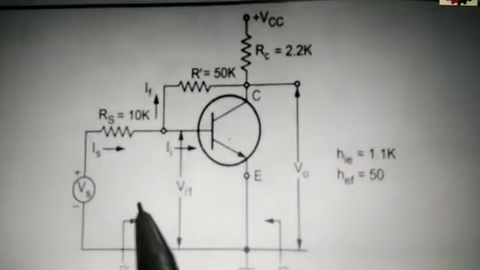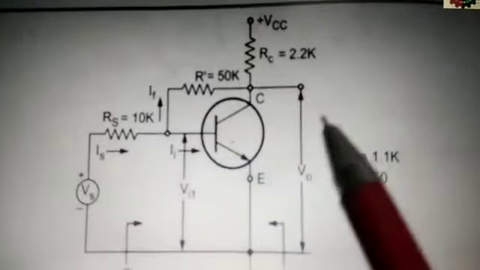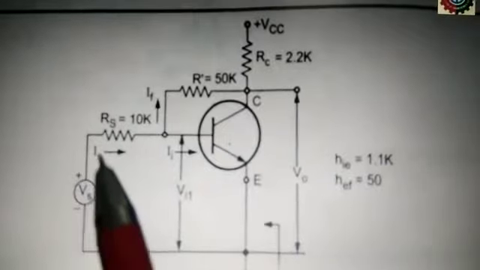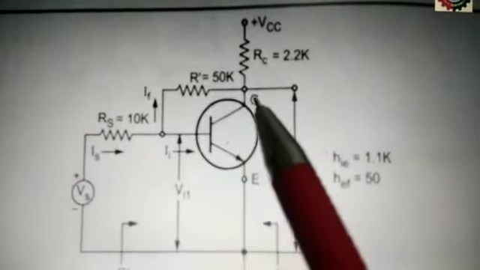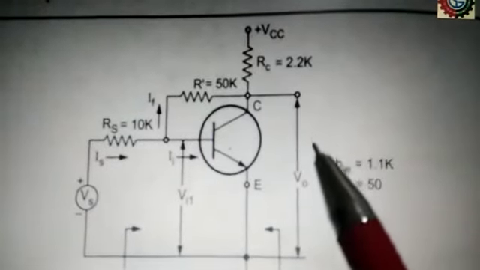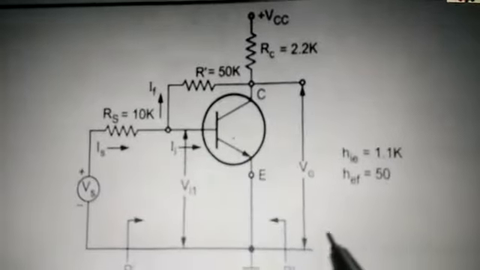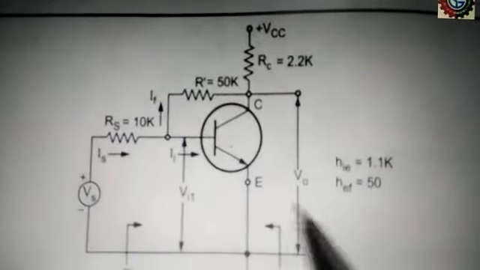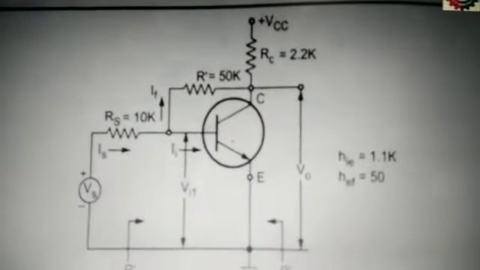So we will get the input equivalent circuit. Now to get the output equivalent circuit, keep the input open. Remove this Vs here and keep it open. So what will happen? This R dash will be in the picture at the output also, RC in series with the R dash. Let us look at the equivalent circuit.